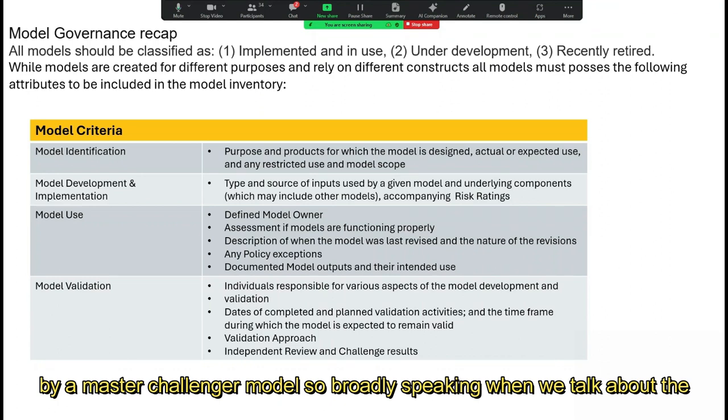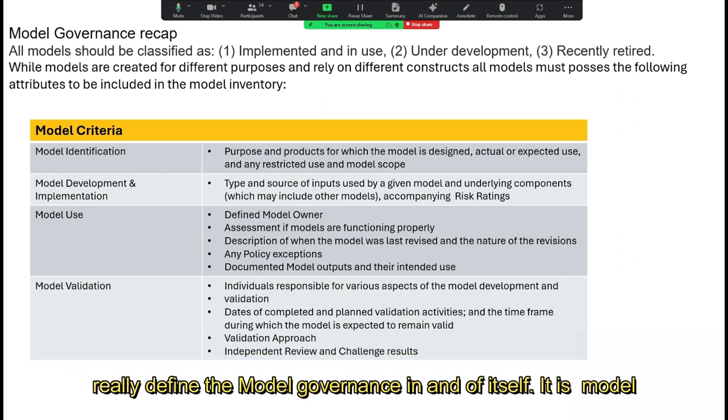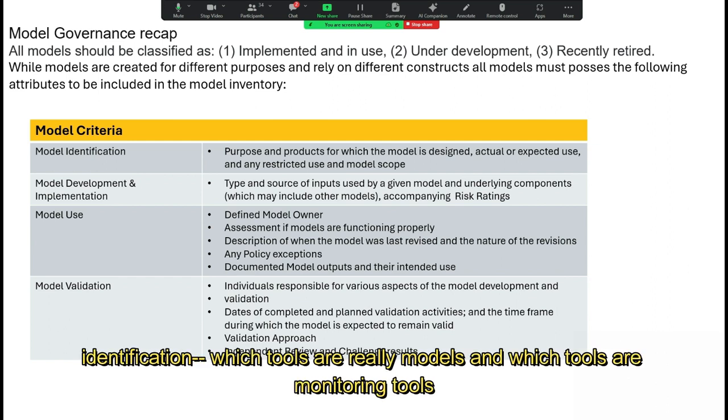So broadly speaking, when we talk about model governance, there are really four components that define the model governance in and of itself. It's the model identification: which tools are really models and which tools are monitoring tools.